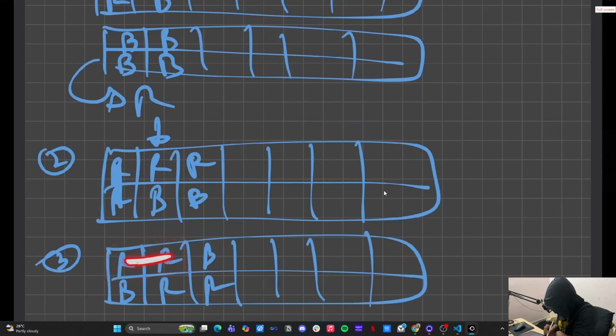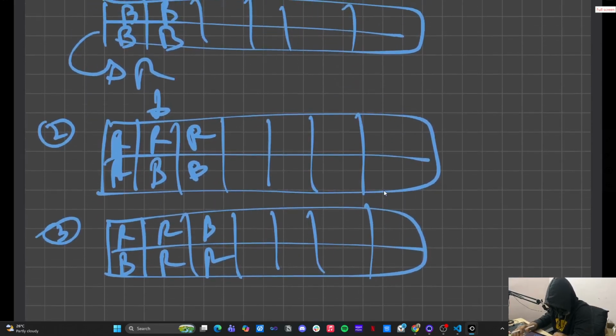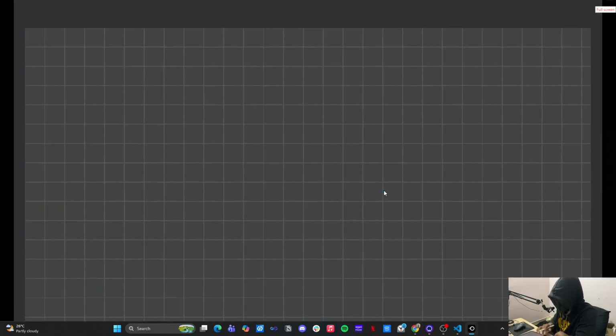So when you consider this case, now you have to consider the below one, right? So when you have taken these two, the below one you will have to definitely paint it, and you will be moving a pointer ahead here.